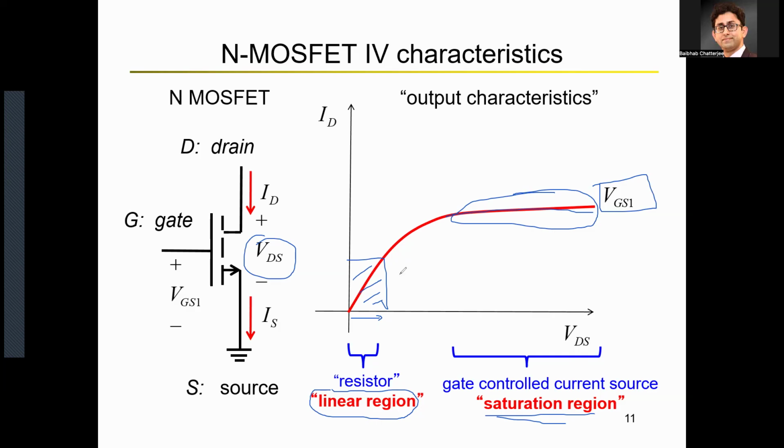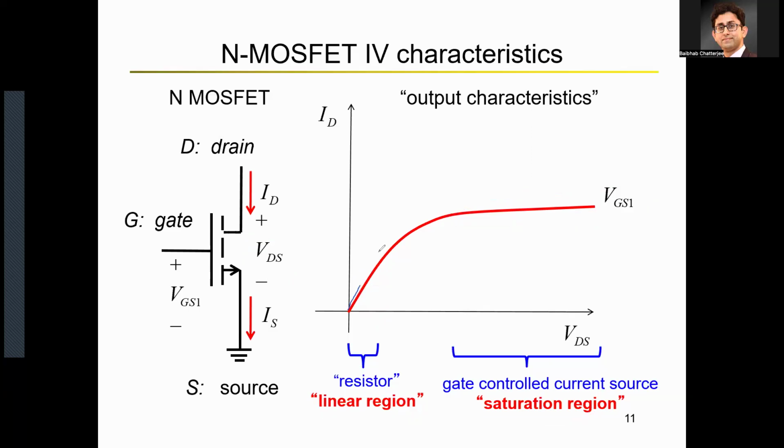The value of this output current is going to be dependent on the value of your VGS. If you apply more VGS, your current would look something like this. If you apply a lower VGS, your current may look something like this. Okay, so let's say VGS0, VGS1, and VGS2, where VGS0 is the lowest gate to source voltage, VGS1 is a little bit higher than that, and VGS2 is a little bit higher than that.